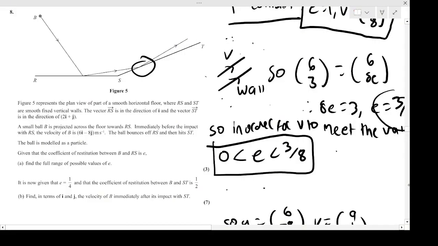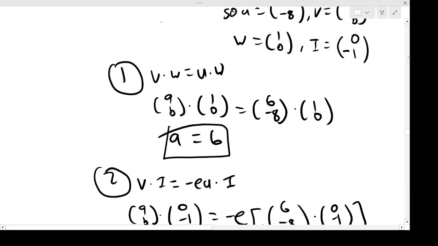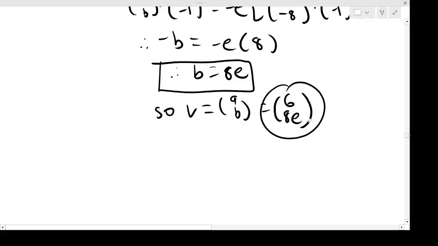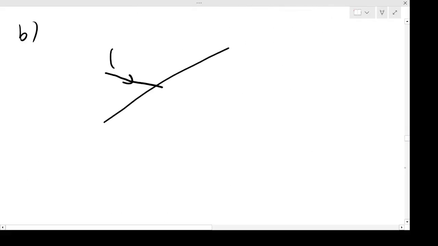So I'm just going to draw out the second collision. Okay, so we've got the wall that's slanted like this. And it's going to be incoming with the vector V, which we worked out to be (6, 8E). And then it's going to rebound by some velocity W. And so hopefully happy with that.